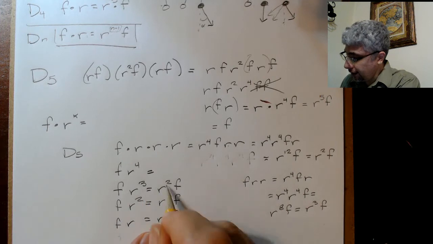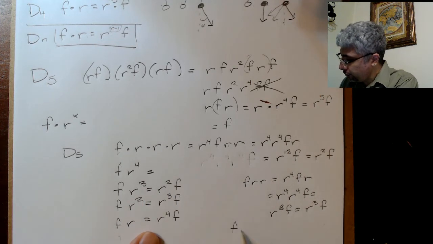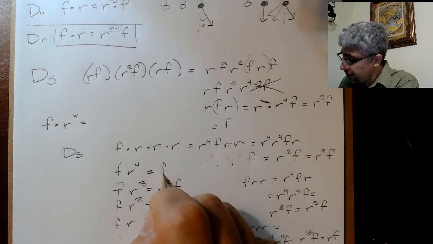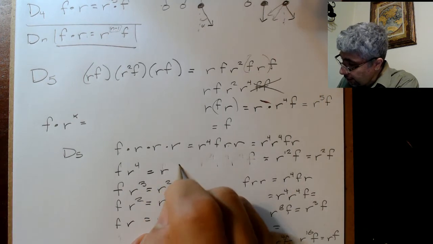Notice something. I see a nice little pattern here. What if I have f and then 4 r's? r, r, r, r. Well, each time I move one past, I'm going to get an r to the 4. So I'm going to have 16 r's, or just 1 r.